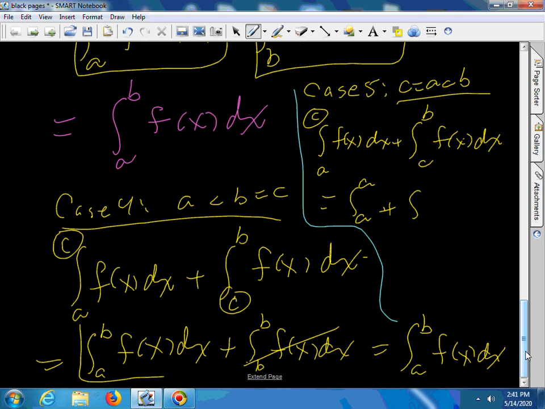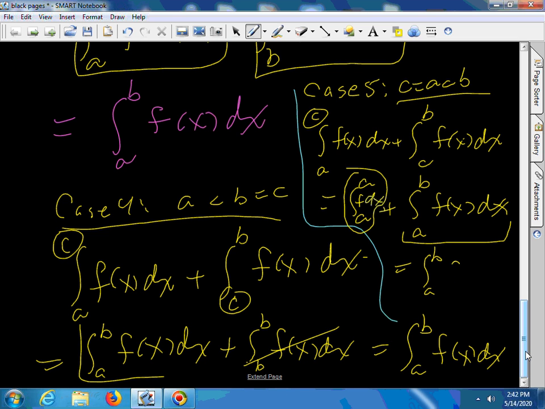Plus the integral from, instead of C to B, C is A, so it's A to B of f of x dx. But this integral going from A to A is 0. And when you add 0 to that, you get the integral from A to B of f of x dx. And you get exactly what you wanted. And this is true for all cases.